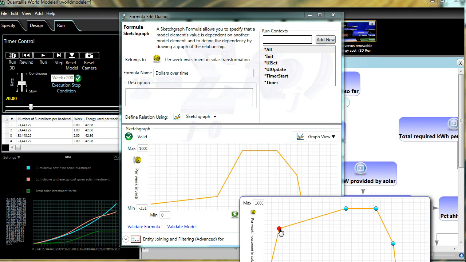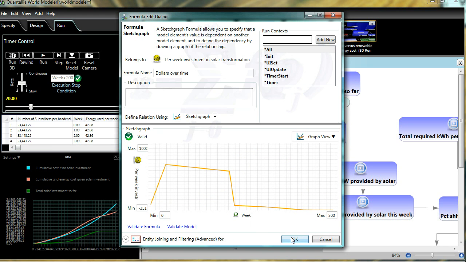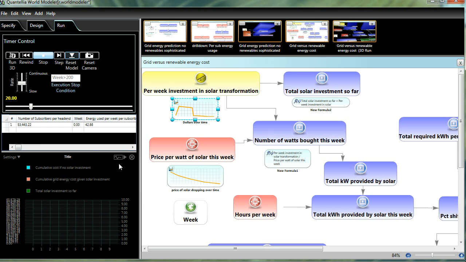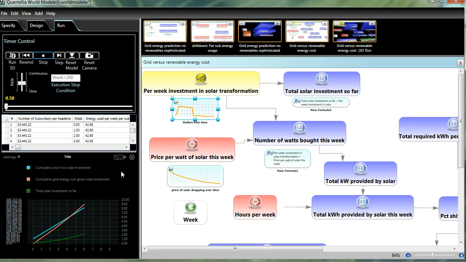Let's start our solar program much earlier and maybe terminate it. Only invest a little bit in solar panels, and maybe we'll end up purchasing less of them than we would have otherwise purchased. So there's the shape now, and then I'll reset this simulation, and we can see if that makes much of a difference to the simulation.